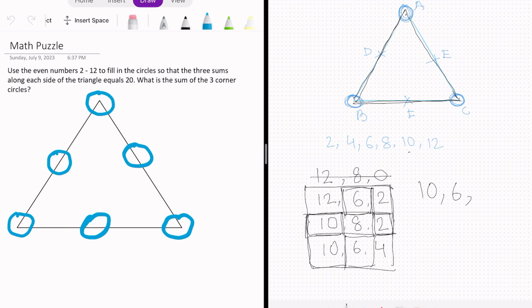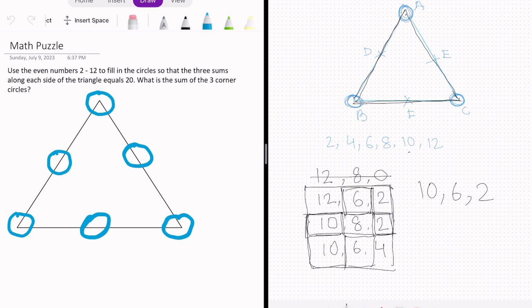Now we don't know which one is which, and we don't have to find out, because it's not asking me to find out what A, B, and C could be. All it says is what's the sum of the numbers.